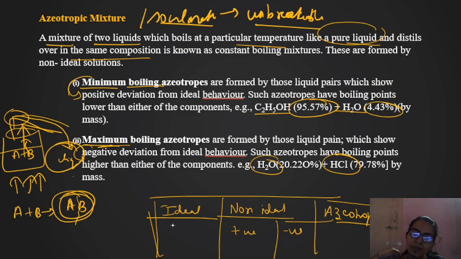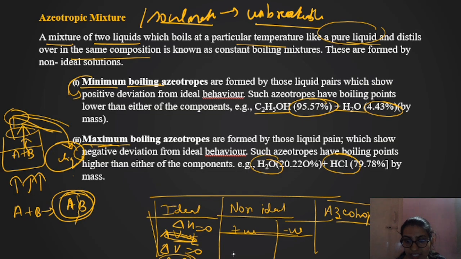Consider I am comparing these different liquids in the form of friendship. These ideal solutions, or ideal friends, are such that they won't change their volume, they won't change their energy. So the change in volume is going to be 0. Here change in volume is 0, change in enthalpy is 0, and the interaction is completely the same in AB.